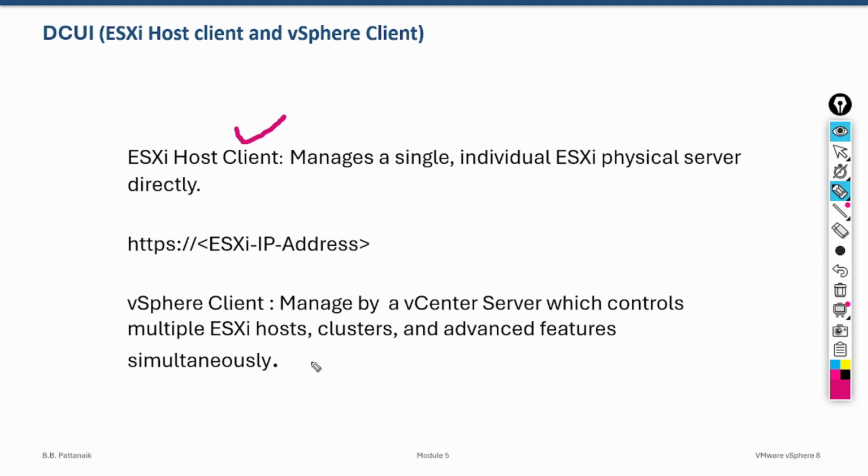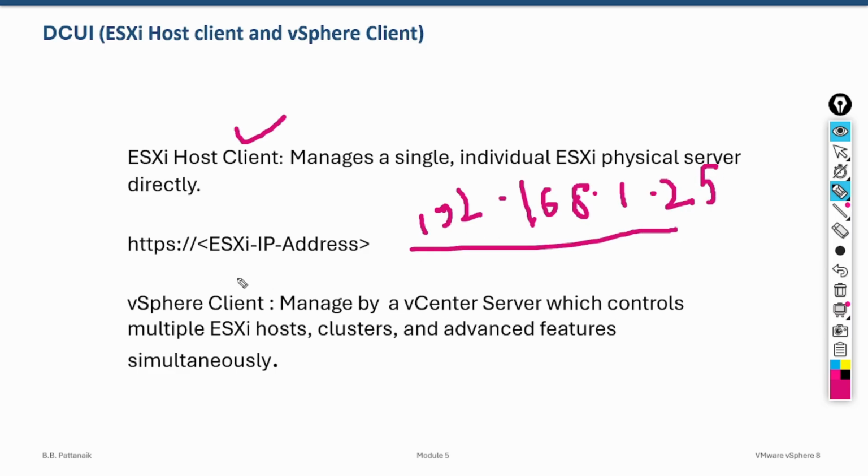Here I have one host with IP address 192.168.1.25. This is my ESXi IP address, so I will manage this host using this IP address. I will put this IP address in a web browser and access this ESXi host. This is called the ESXi host client.